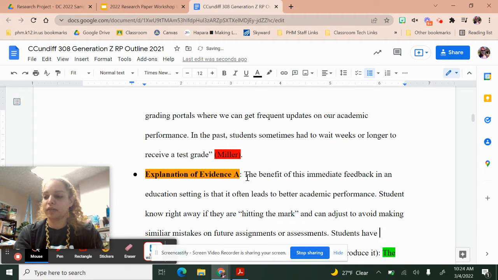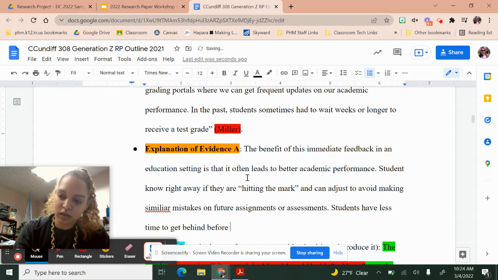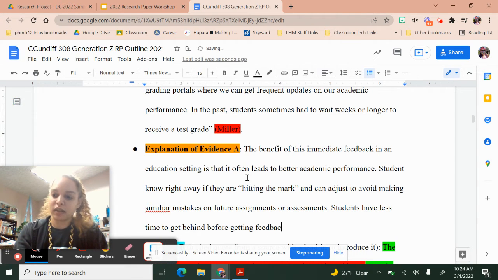Students have less time to get behind before getting feedback about how they are doing.